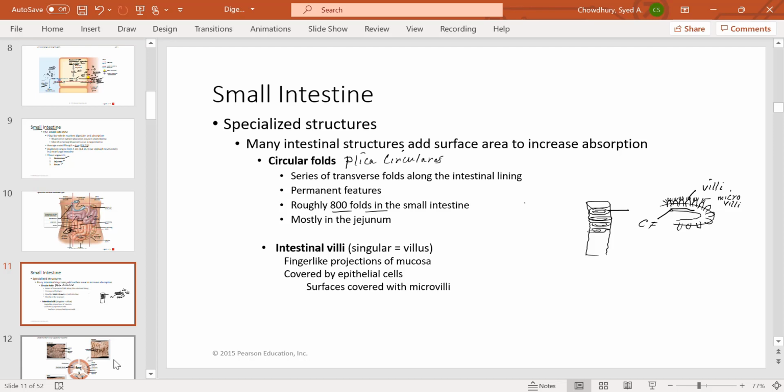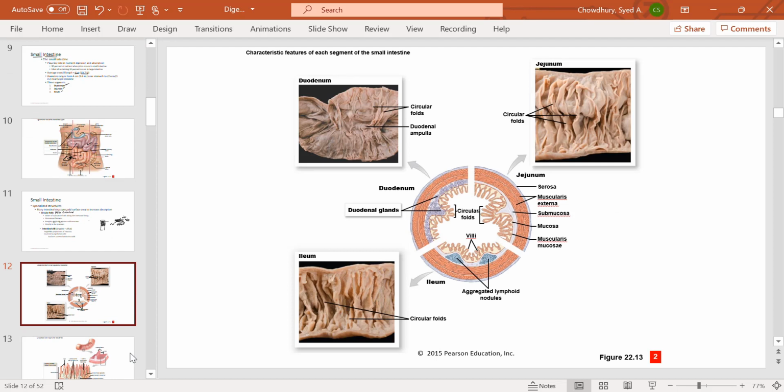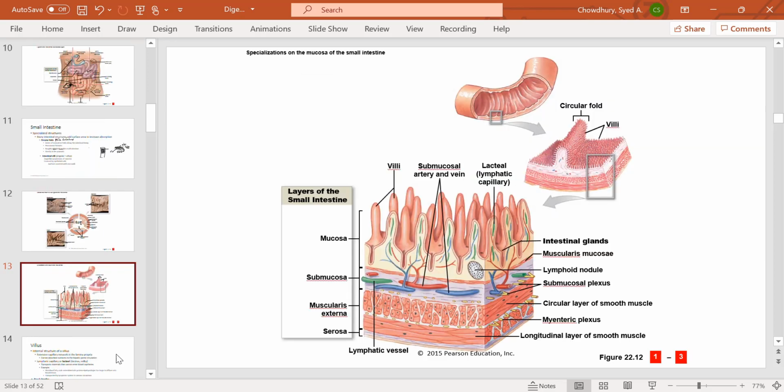All these things together increase the surface area a lot and help in absorption of nutrients, and most of the nutrients are absorbed, that means taken into the blood, in the intestine through the intestinal wall. Okay, so here you can see the folds, circular folds going like this.